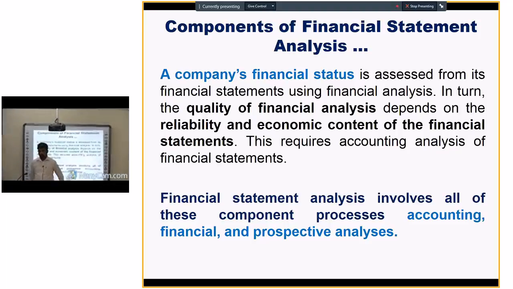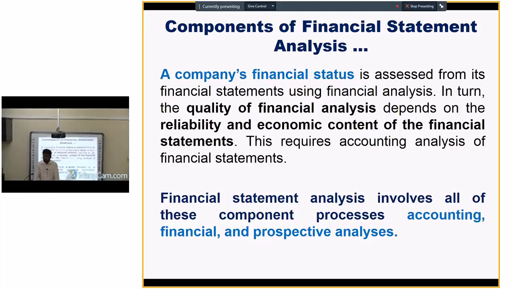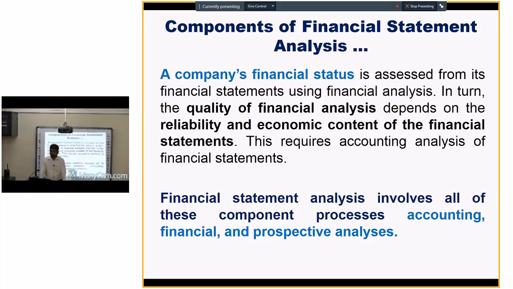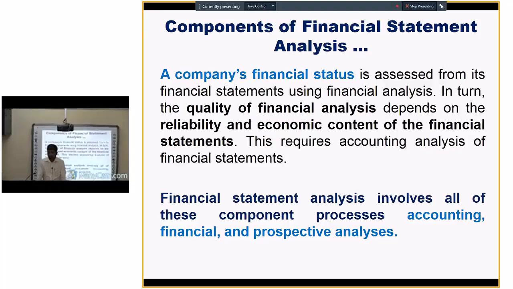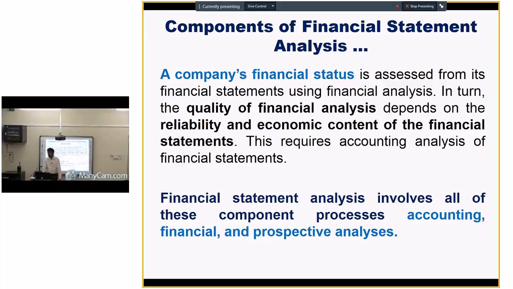Right? In some cases, as you all know, due to tax benefits and other manipulations, most probably we cannot expect the real picture from the financial statement, right?